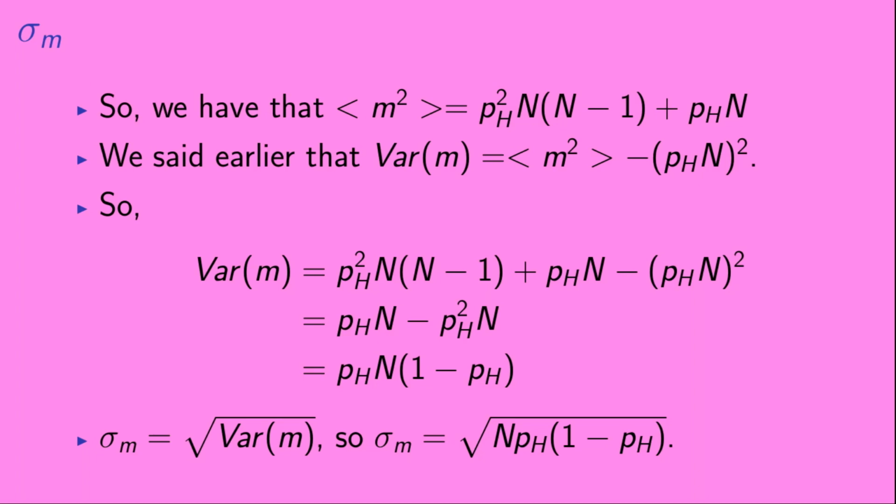So the variance of m is equal to ph squared n times n minus 1 plus phn minus phn squared, which equals phn minus ph squared n, which equals phn times 1 minus ph. Okay, so sigma m is equal to the variance of m taken to the 1/2 power, so sigma m is simply equal to the square root of n ph times 1 minus ph.